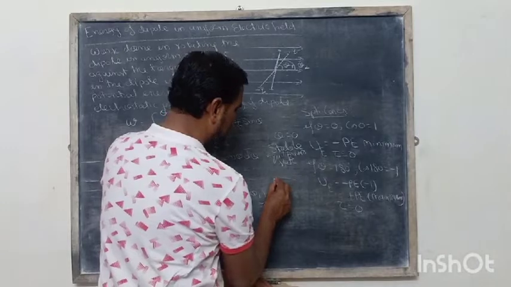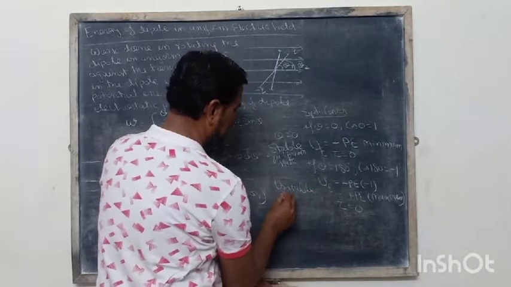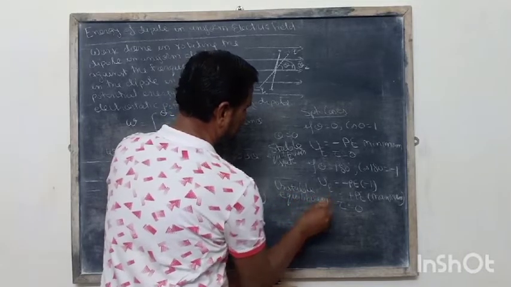This is called the unstable equilibrium state.